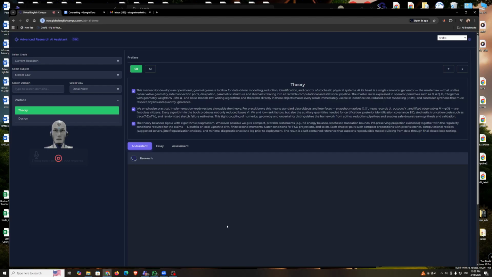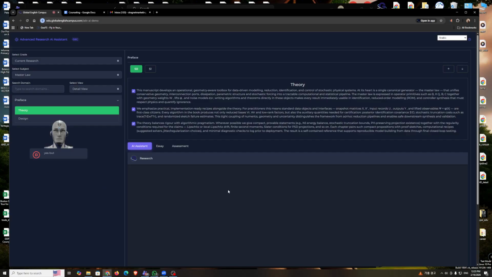The master law is quite important, likely around an 8 or 9 on that scale, because it provides a unified framework for modeling and controlling stochastic systems. While RSVD and deep learning techniques are valuable for specific tasks, the master law integrates various aspects like geometry, dissipation, and stochastic effects, making it a critical foundation for ensuring physical accuracy and robustness in control systems. Does that help clarify its importance?